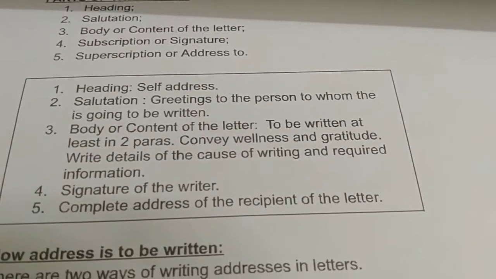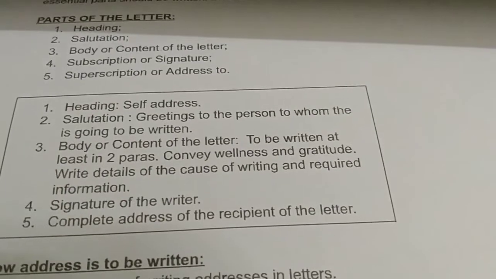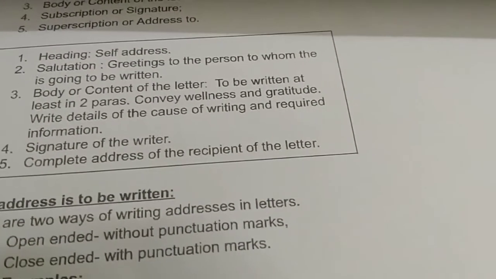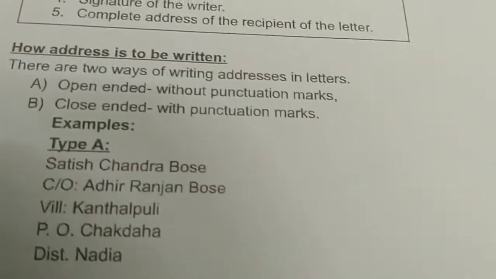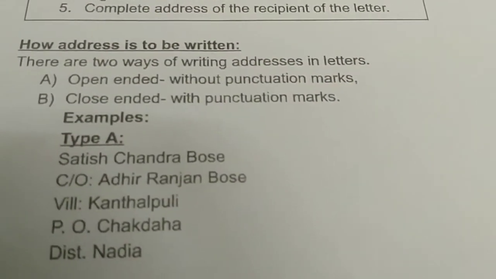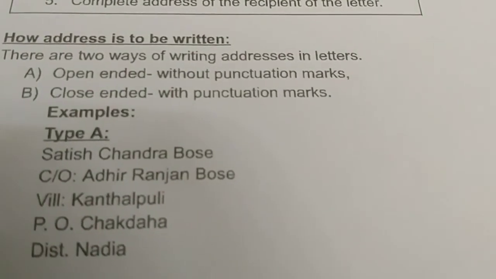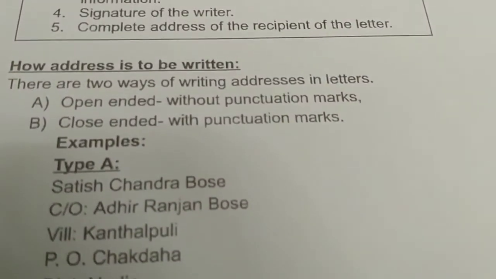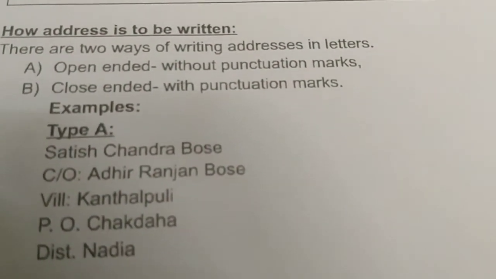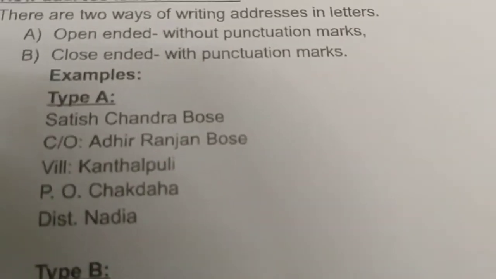What is open-ended address and what is close-ended address? Let us see. Look here. Open-ended address is without punctuation marks and close-ended address is with punctuation marks. Here are examples of the 2 types.